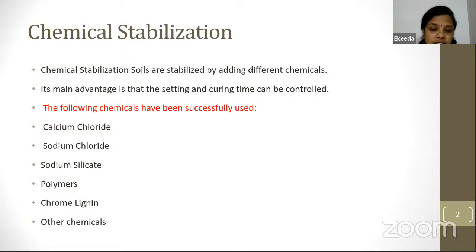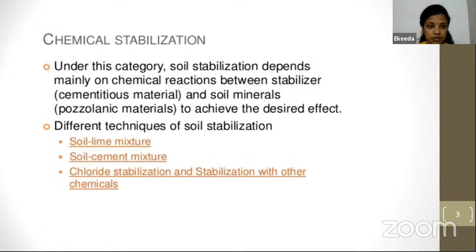The following chemicals have been successfully used: calcium chloride, sodium silicate, polymers, chrome lignin, and other chemicals. So all these are the chemicals that are used for treating the soil. Hope it is clear.